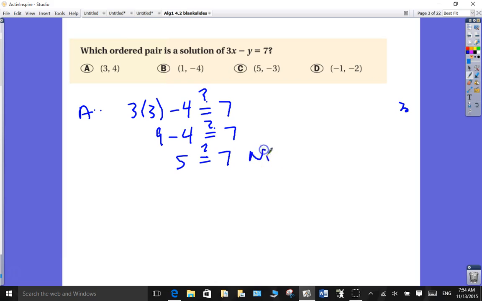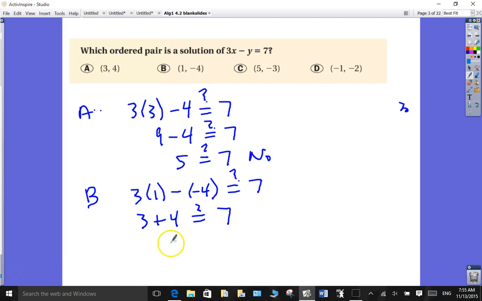And the answer is no. So that's not a solution. B: 3 times 1 minus negative 4 equals 7. Check. So that's 3 plus 4 equals 7. And 7 equals 7.